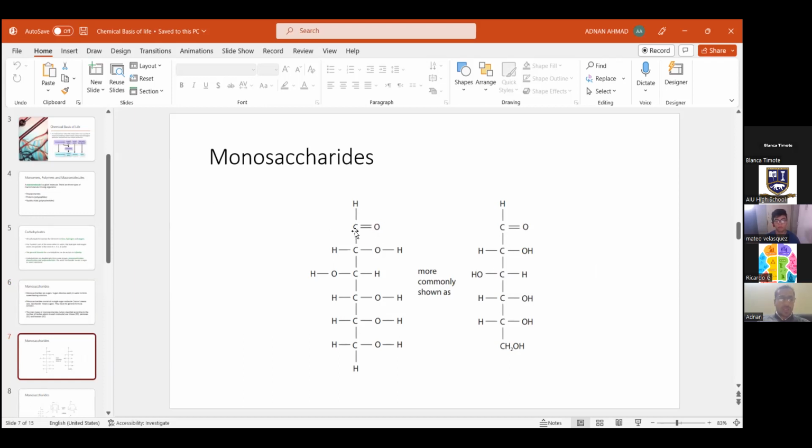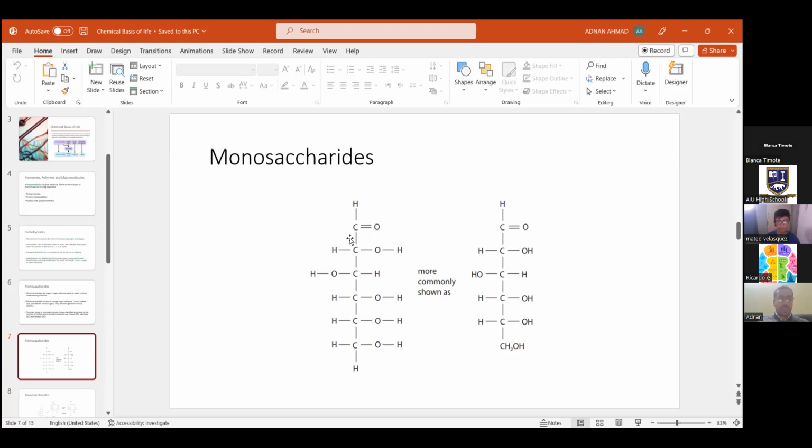This is the carbon atom, and it has formed a chain. Starting from this carbon at the top, it is connected with this carbon atom, and this carbon is further connected with this one, all the way to this carbon atom. Each carbon atom has formed 4 bonds.